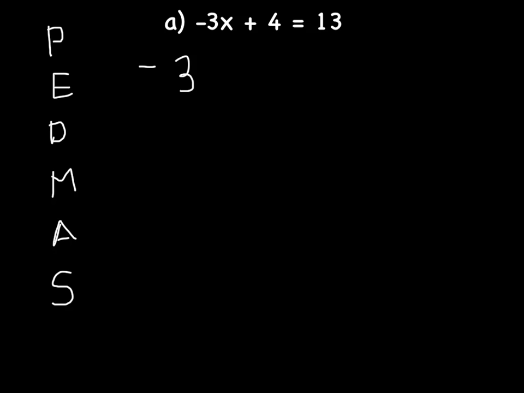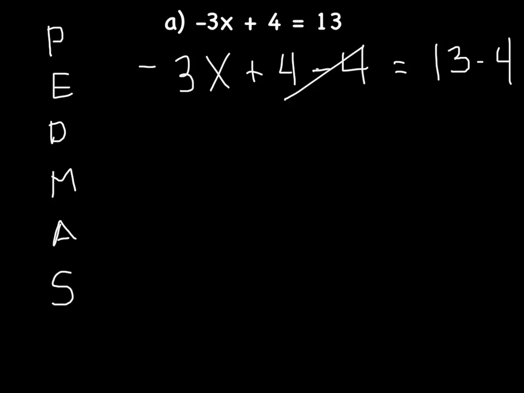Negative 3x plus 4 subtract 4 is equal to 13, and we must also do the same to the right, subtract 4. We now have 0 with the positive 4. We're left with negative 3x being equal to 9.